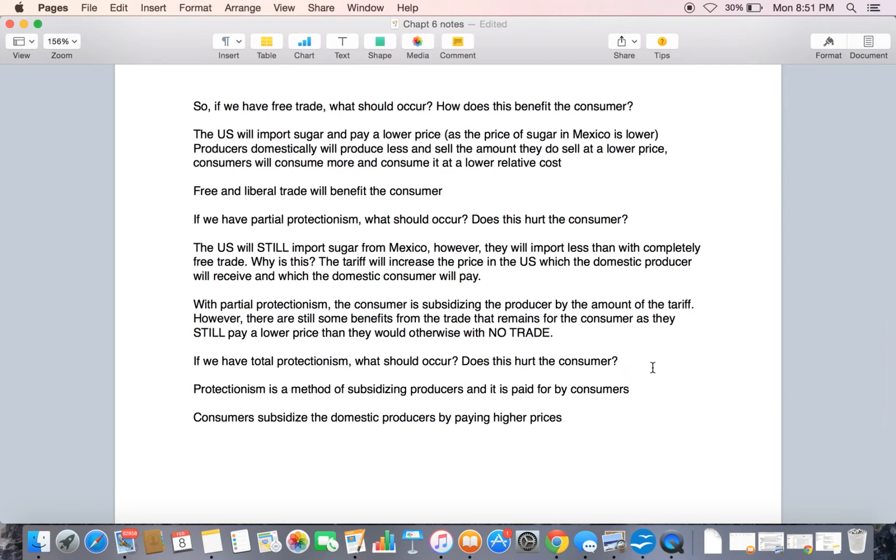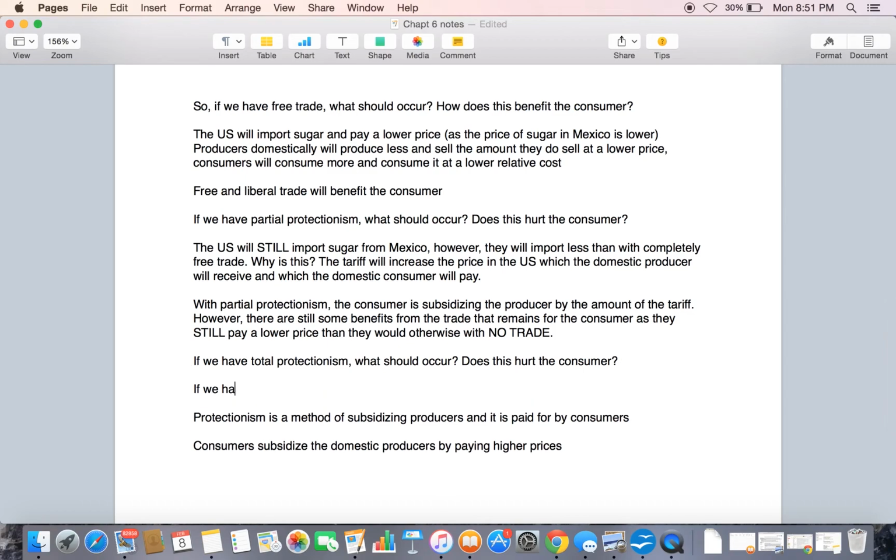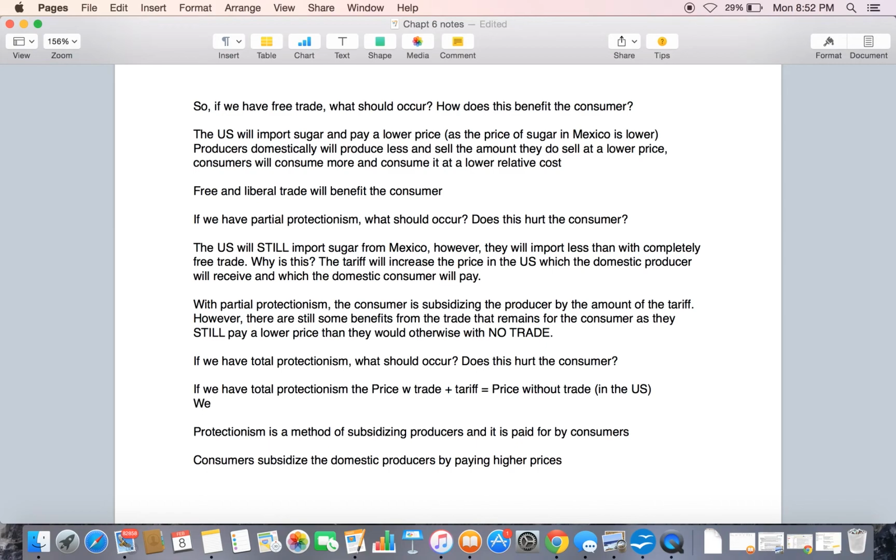Now, if we have total protectionism, the price with trade for the United States plus that tariff that's applied is actually going to become the price without trade, and we will have no trade with Mexico.